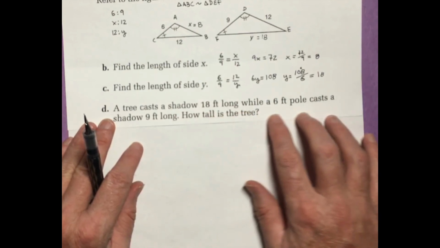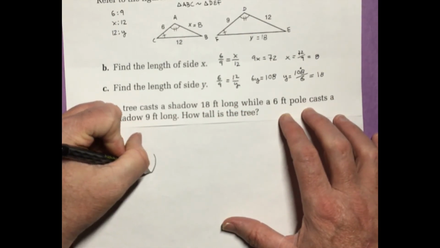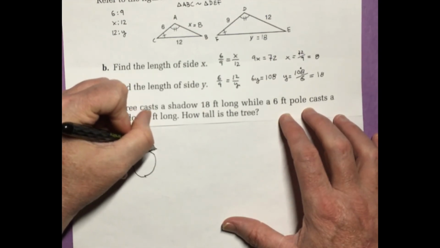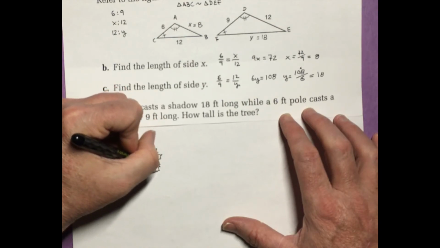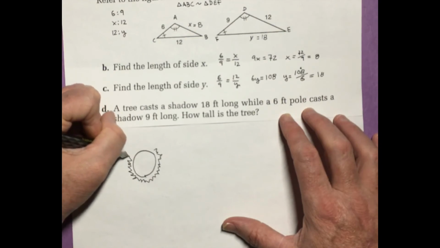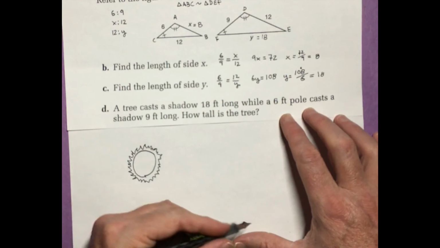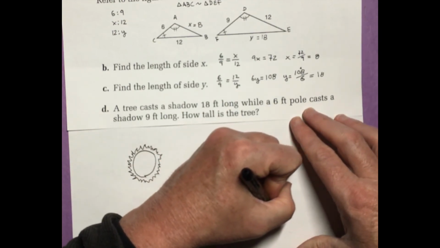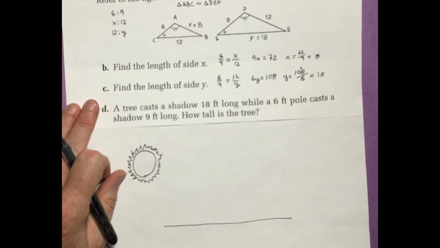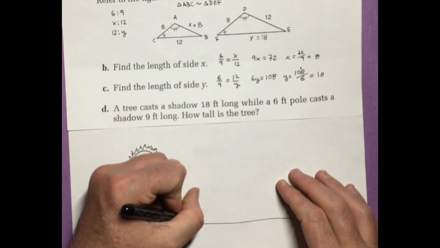So you have a tree that casts a shadow. Let's start by drawing something that will give us a shadow. Let's draw the sun. The sun's this big fiery ball up there, shining down. Here's the ground. And we have a tree.